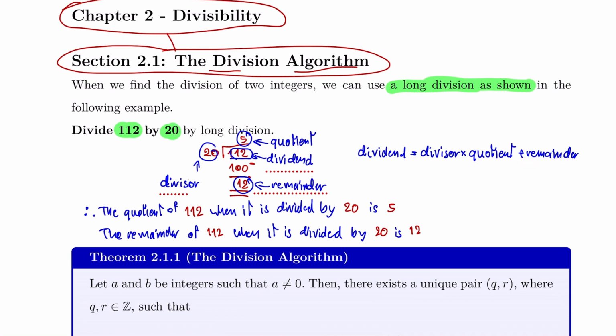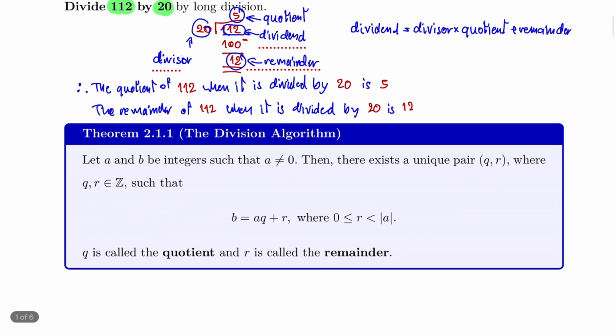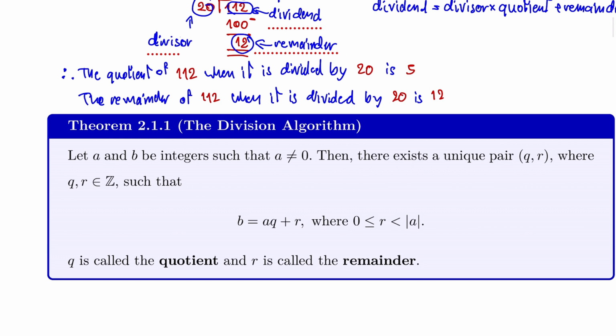So let's take a look at the formal theorem of the division algorithm. Let a and b be integers such that a is not 0. Then there exists a unique pair of integers q and r such that b equals a times q plus r, where r is greater than or equal to 0 and less than the absolute value of a.